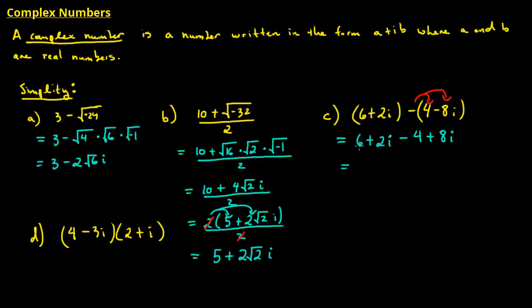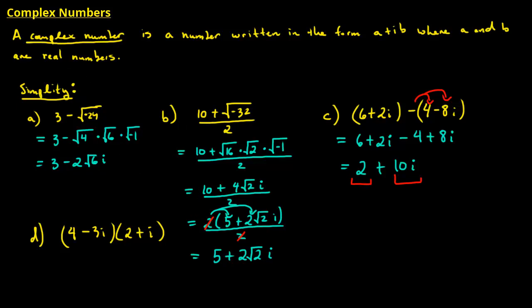Well, 6 minus 4 is just 2. 2i plus 8i should give me an imaginary number, so I get plus 10i. This is a complex number. I can just leave it as 2 plus 10i, where 2 is the real part, and 10i is the imaginary part. So this is a complex number.